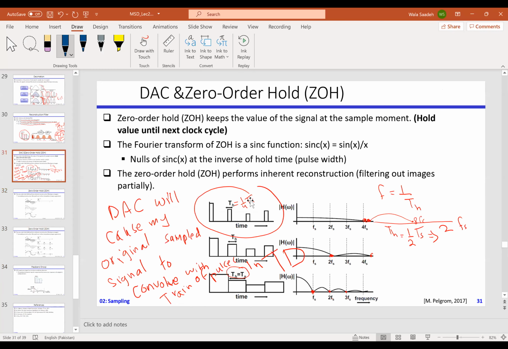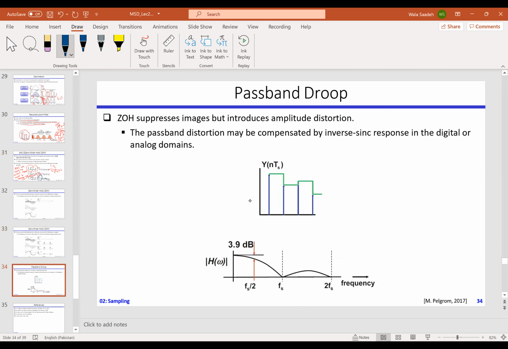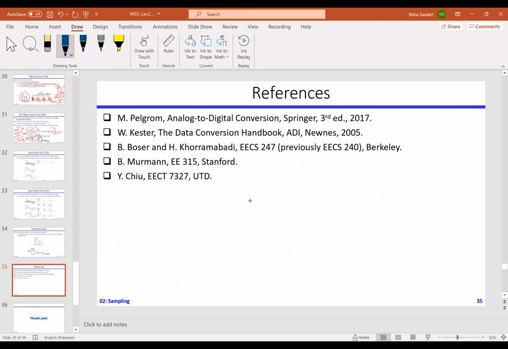So I multiply the spectrum of the sinc function with my original signal, and you can see that it's already almost looking like a low pass filter. So I will get rid of those images of my signal, but not very well because of those lobes here. Therefore, we will still need a reconstruction filter, which is also a low pass filter, to get rid of them completely. Any question?